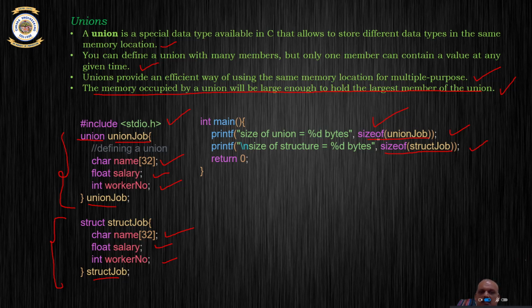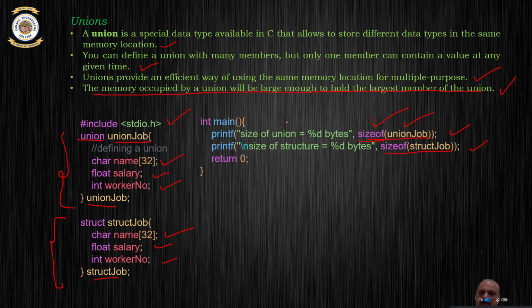So sizeof can be associated with an object or a variable, or with the data type as well. Here, no object or variable has been declared from the declaration of union job and struct job.